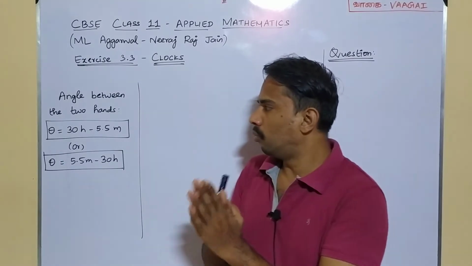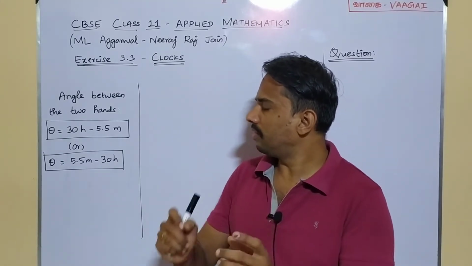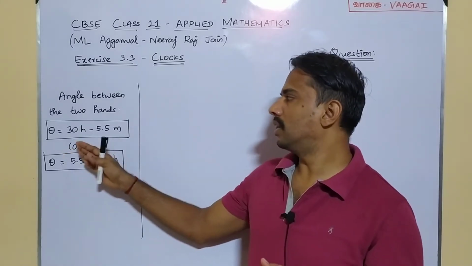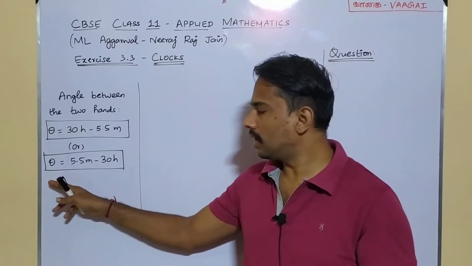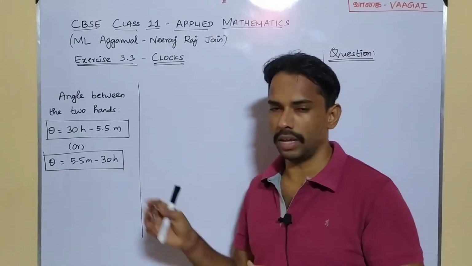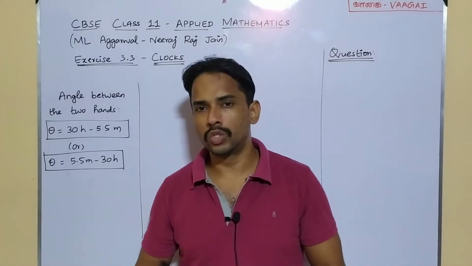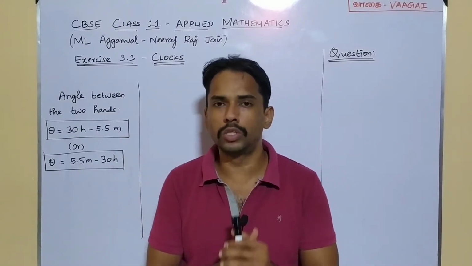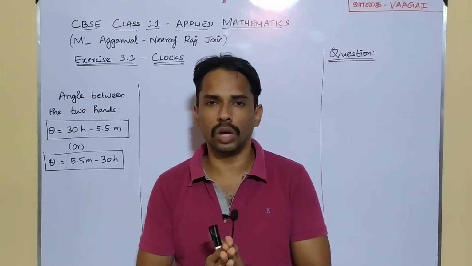To find the angle between the two hands of the clock, you have a formula: theta is equal to 30h minus 5.5m, or the formula can even be theta is equal to 5.5m minus 30h. We may use either of these formulas to solve the problem, and the same formulas are what we are going to use here. So kindly make a note of it, and now we'll start working out the questions.